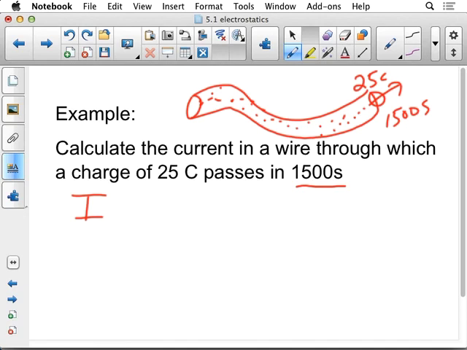This is, of course, an easy one. Song-hee, I equals what? What's the formula? Okay, amount of charge divided by the amount of time. So we have 25 coulombs divided by 1,500 seconds.